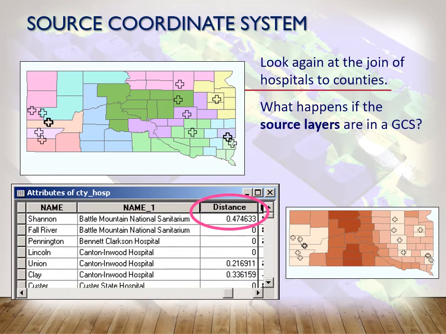Going back to coordinate systems, remember from Chapter 3 that geographic coordinate systems have a lot of distortion. They also distort distance in a major way. If you are doing a distance join of any kind, whether it's summarized or simple, you're going to get a distance field, and it will use the units of the coordinate system. It doesn't really make sense, and it's not always accurate, to say that the distance is 0.474633 decimal degrees, because that depends on your location.